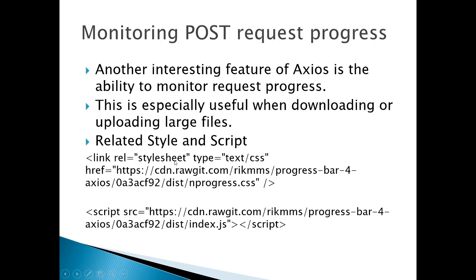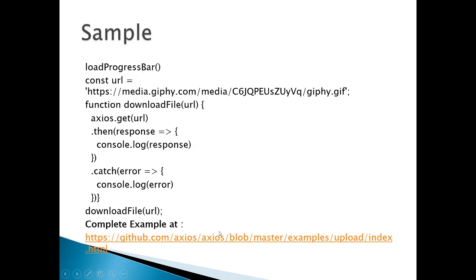You have to apply the progress bar style and script into your application. After adding this, you can call this loading bar, and at the moment when the data is not available, it will show the progress bar.